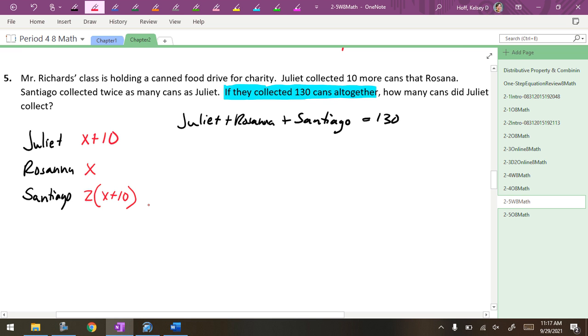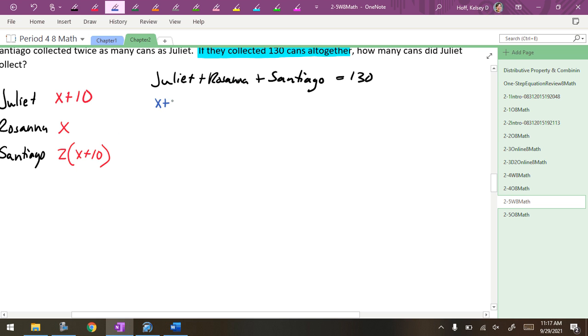We don't know what it is. It's X plus 10 times 2. Now, let's go fill in our equation. What am I putting in for Juliet? X plus 10 plus Rosanna, X, plus Santiago, 2 parenthesis X plus 10, equals 130.